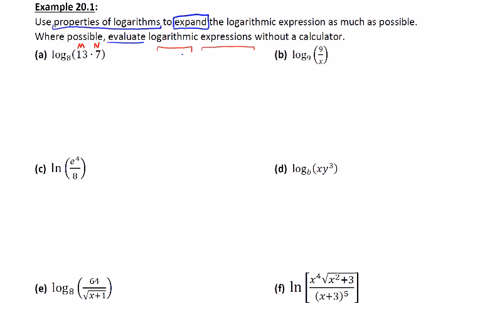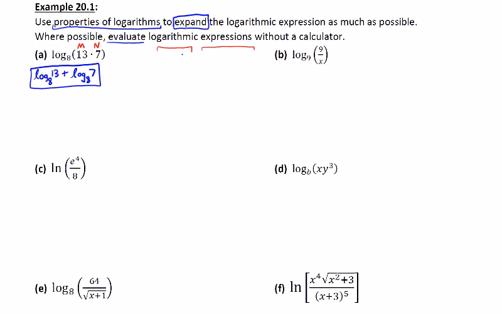So we can expand this to say log base 8, and then I'm going to use 13 as the argument for the first log, and then I'll say plus log base 8 of 7 for the second log. And then this is really all we're looking for. This is called the expansion of the logarithm.